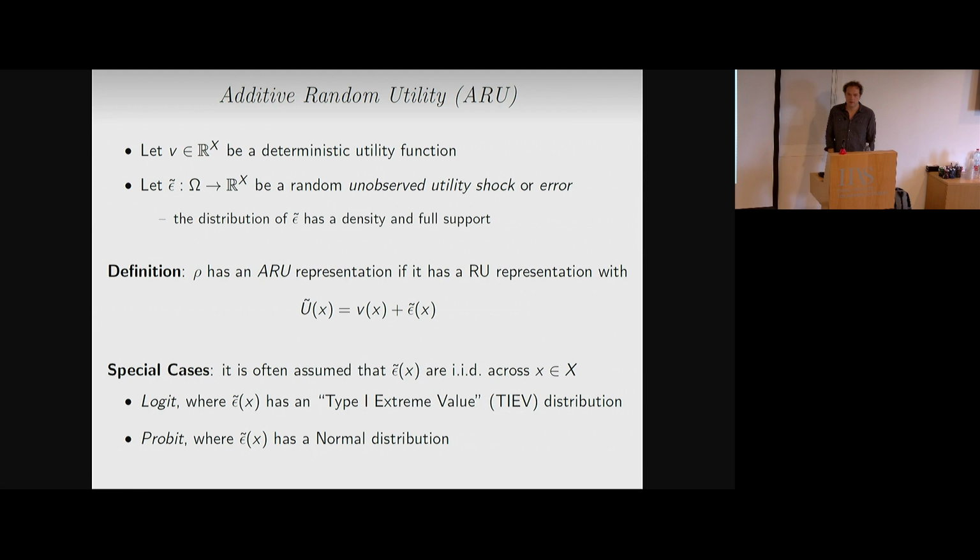Some special cases that you saw in your first year metrics classes are logit, where epsilon is IID over alternatives and has this type 1 extreme value distribution, and probit, where epsilon has a normal distribution.